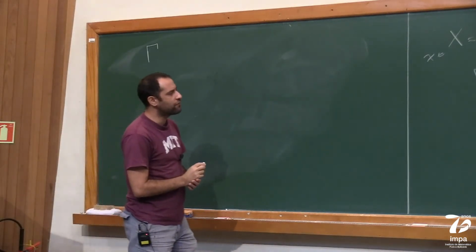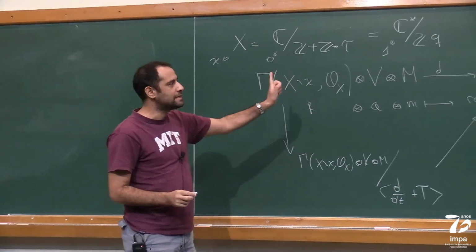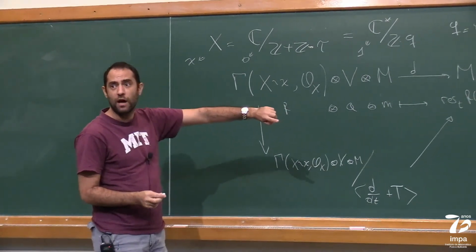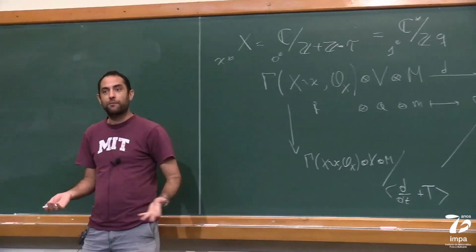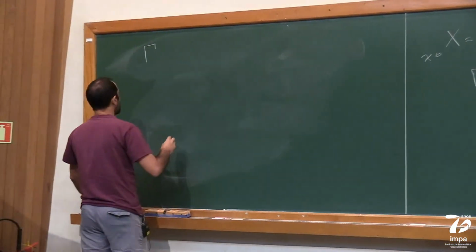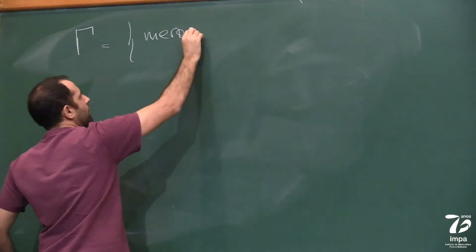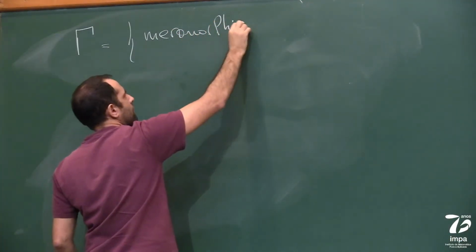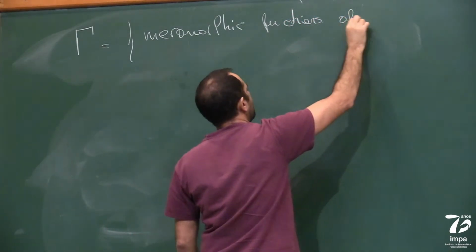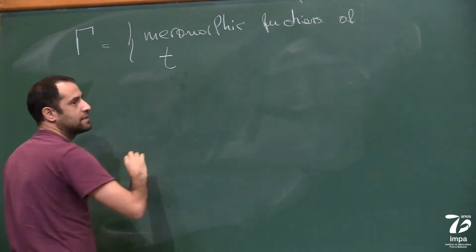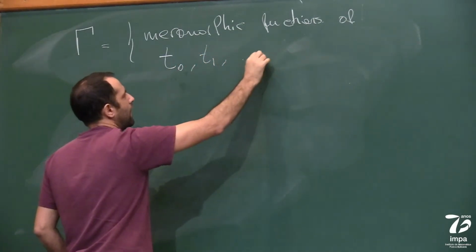So now instead of having functions on t and tau, with t allowed to have a pole at 0, I'm going to just take functions on several variables, and I'm going to allow them to have poles at specific points that I'm going to change. So I'm going to consider this space gamma, which is going to be meromorphic functions of t0, that's going to be my previous t, then t1 up to tn.